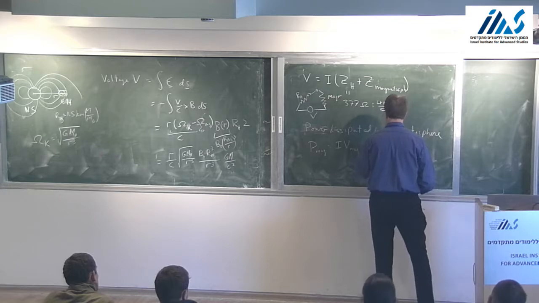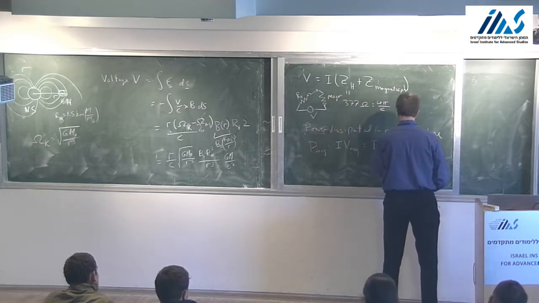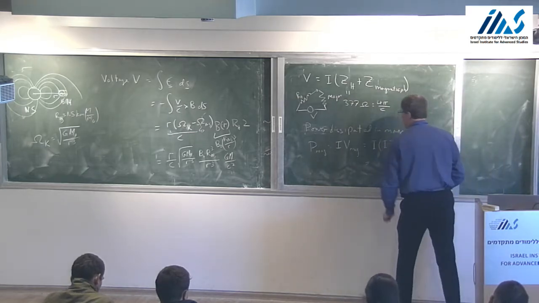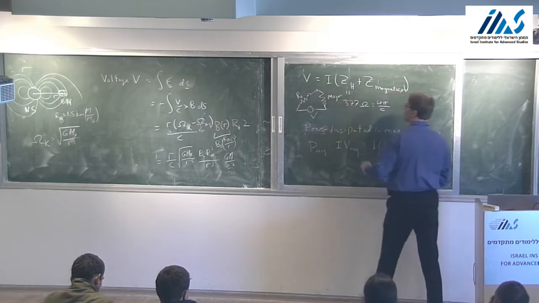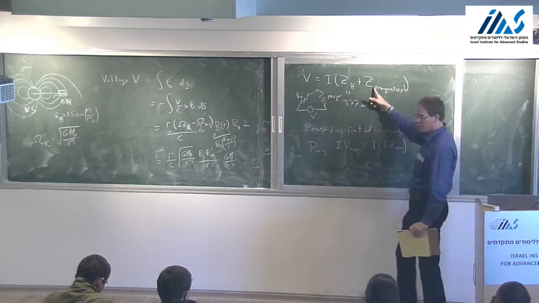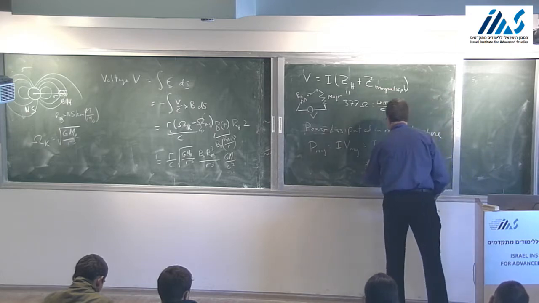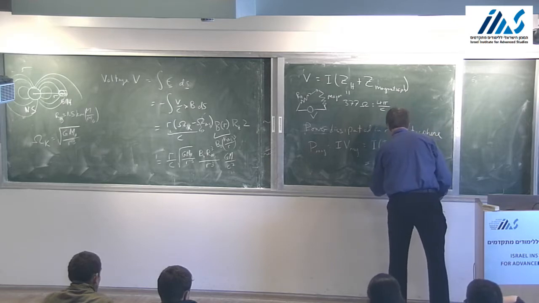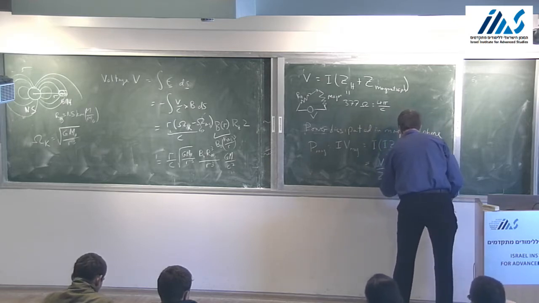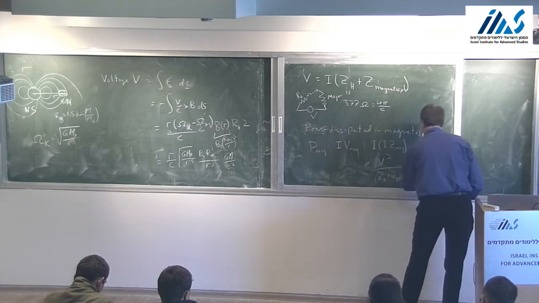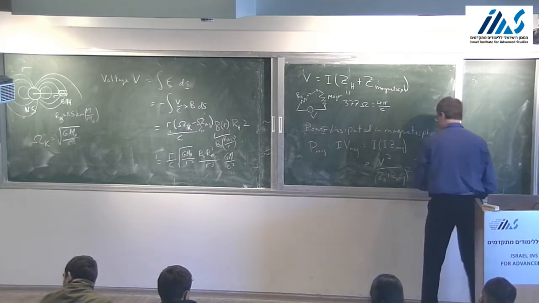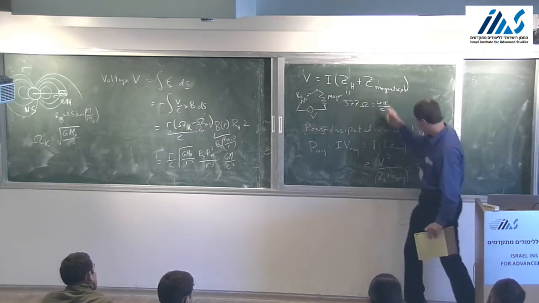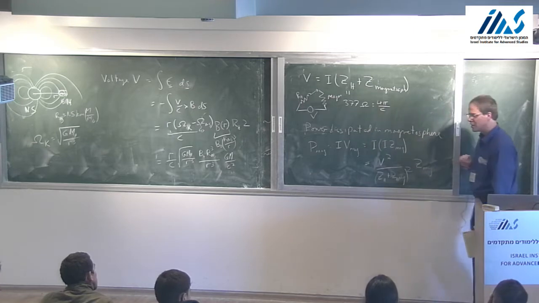So this is the current times the resistance in the magnetosphere. And the total current is given by this equation, so I is V divided by the sum of the resistances. So in terms of V, this will be V squared over ZH plus Z magnetosphere, squared, times Z magnetosphere.